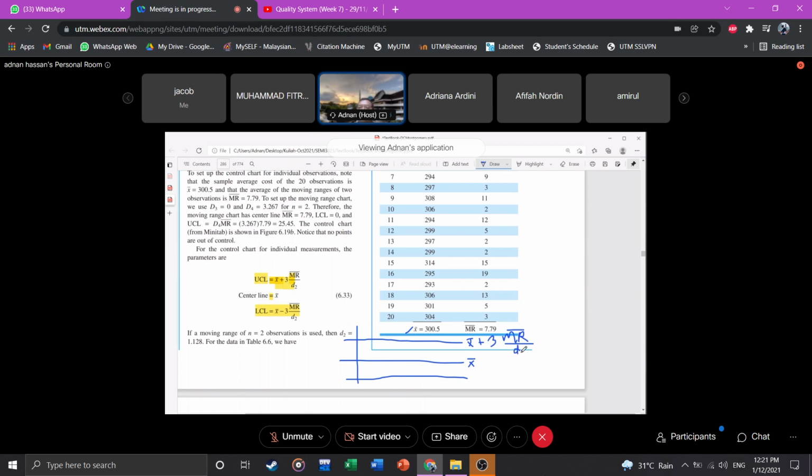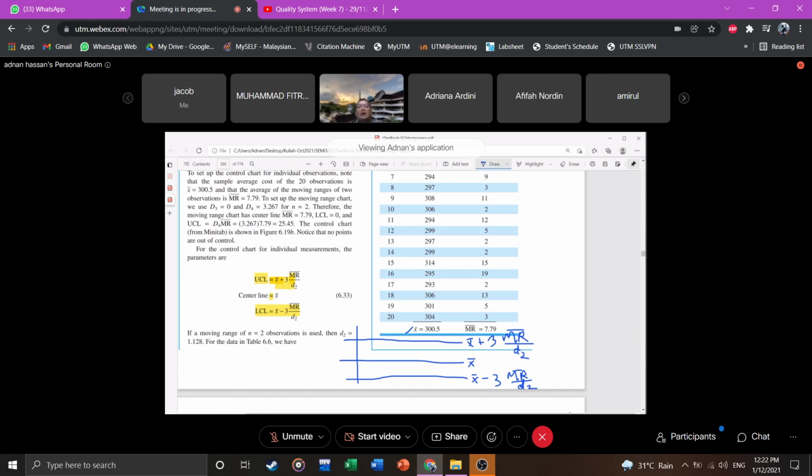D2 is coming from the table. Okay, so the lower control limit is just the opposite of it. Change it to negative. So now we have MR divided by D2. Okay, so it's very easy.